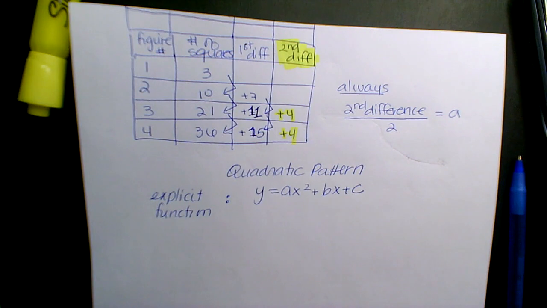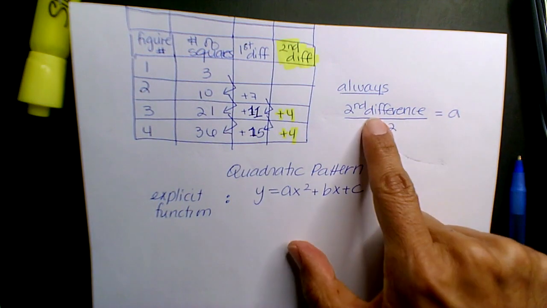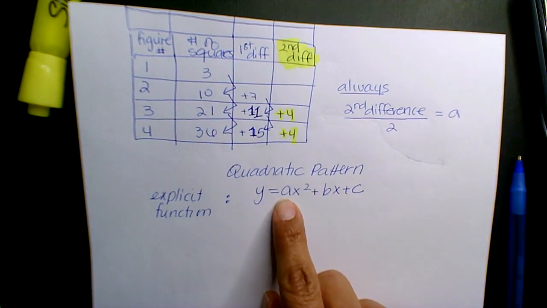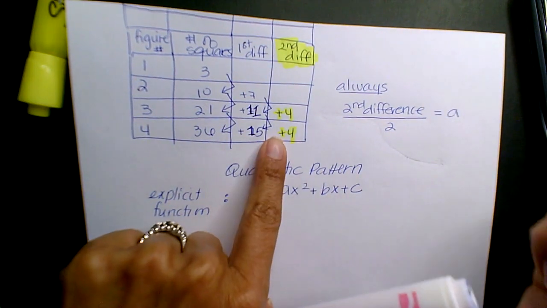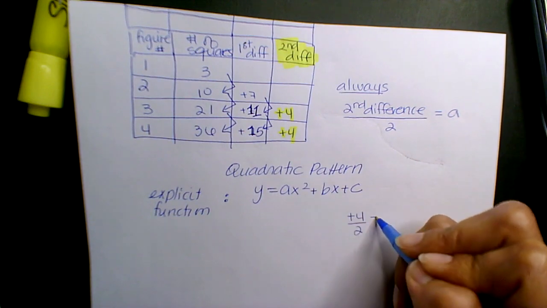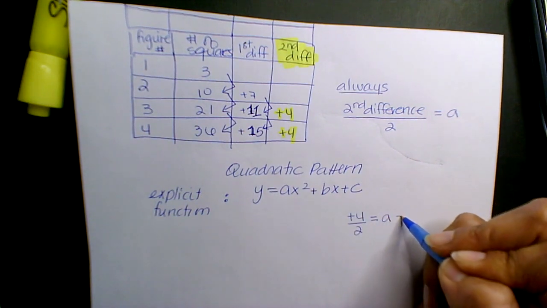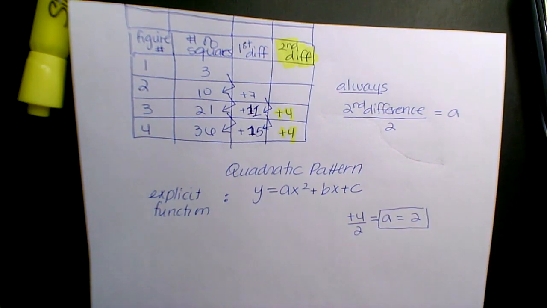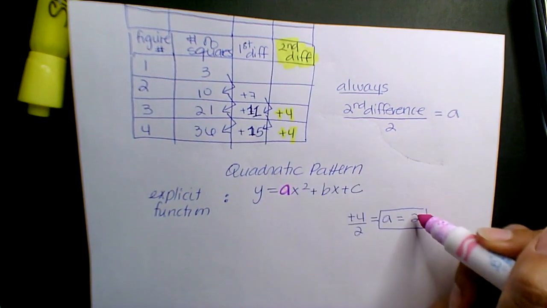So if my second difference is positive 4, and I divide it by 2, my A value is 2.